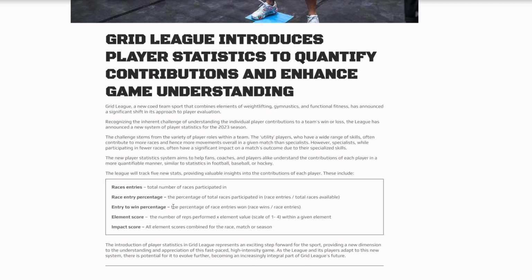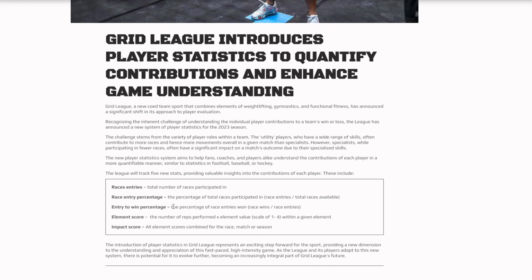And so this element score is the number of reps performed times the element value. And so we're going to show you an example of an element value here in a second. And so this is within a single set, so a single parameter of movements at this element value times the reps performed.